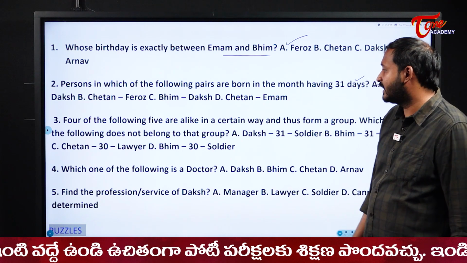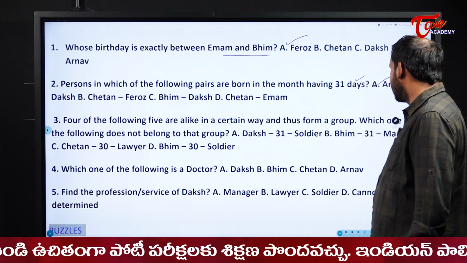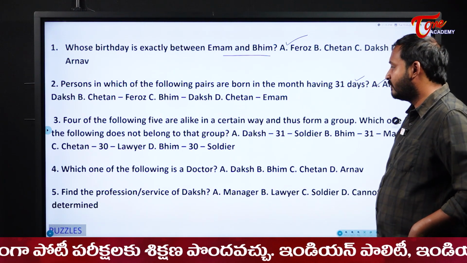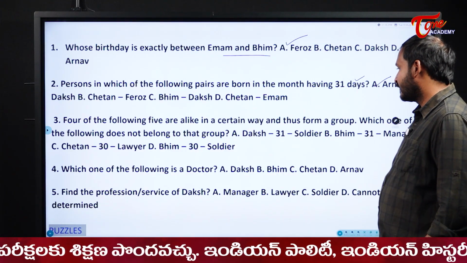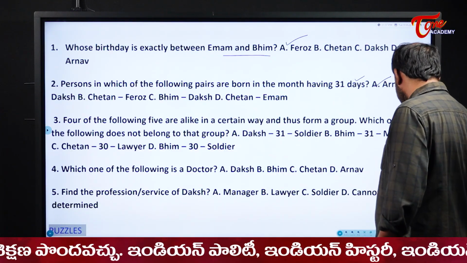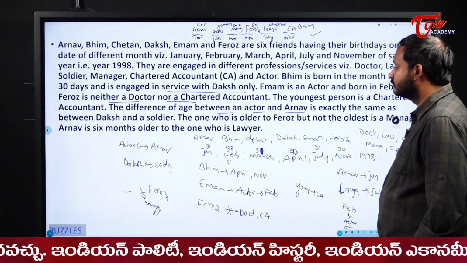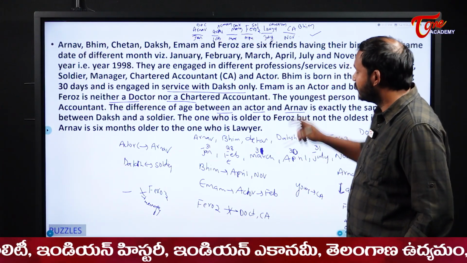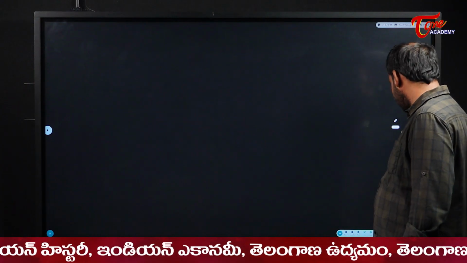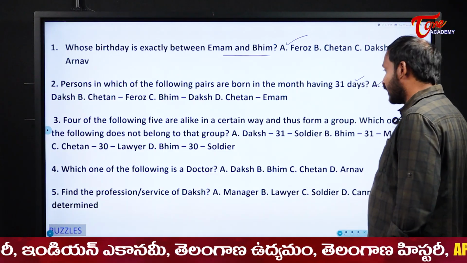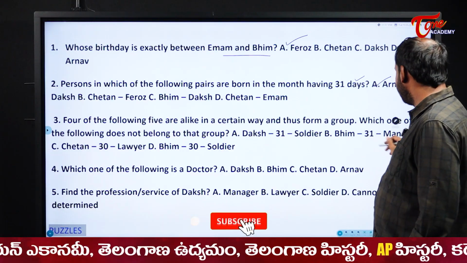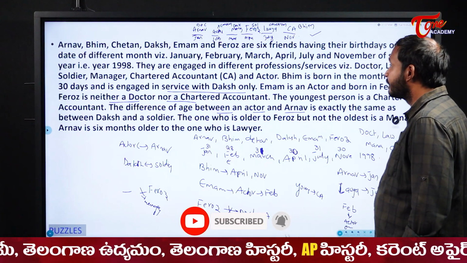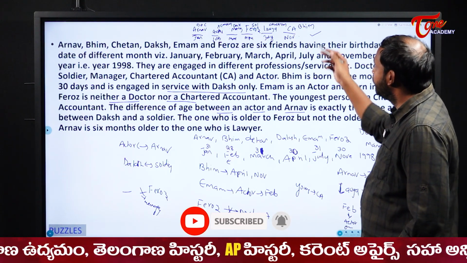Next, four of the following are alike in a certain way and thus form a group. Which one of the following does not belong to the group? Daksh 31 soldier. It is not a correct pair for me. Beam 31 manager.